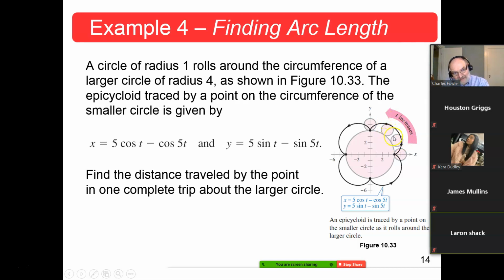Right here somewhere, it would be right on the peak. Now when it rolls on back down here, it stops right there. Then it continues around through this loop and stops there again, continues around this way, stopping there, and continues around this way and stops there. That's an epicycloid.